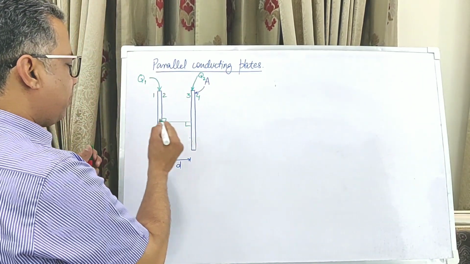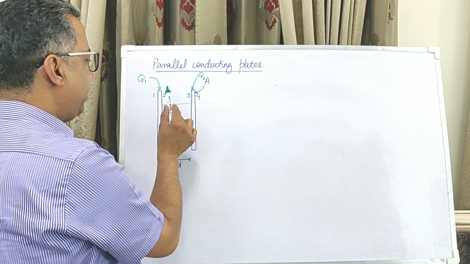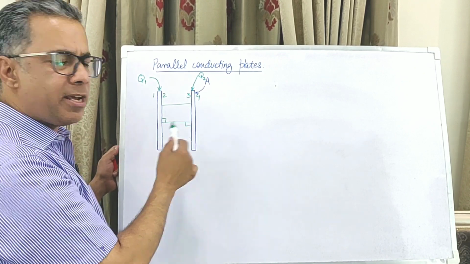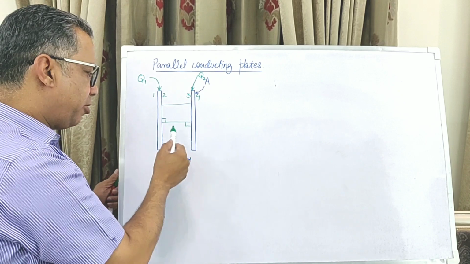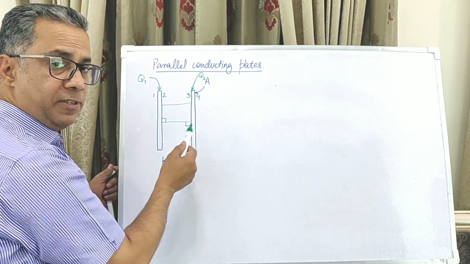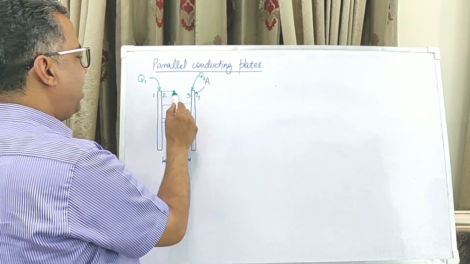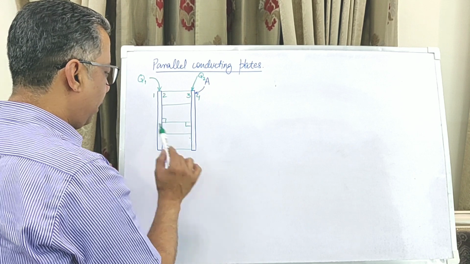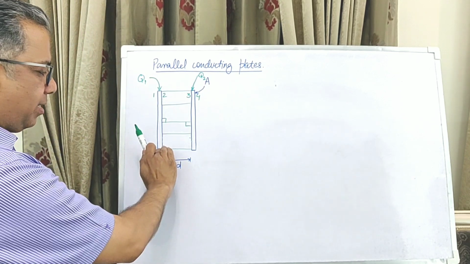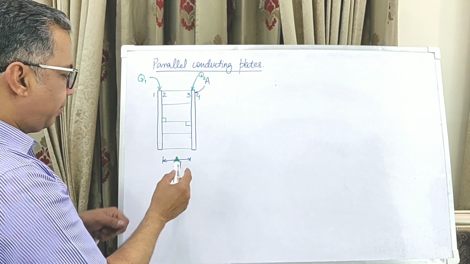All the field lines from this plate to this plate will be somewhat like this way. I'm not drawing the arrows, I'm not showing directions because we are not sure of the direction of the field, we are not sure of the nature of the charges on these surfaces. They may be positive, negative, we don't know yet. So the field lines will be somewhat like this, and since the conductor discontinues over here, if you come down here there will be no field lines.